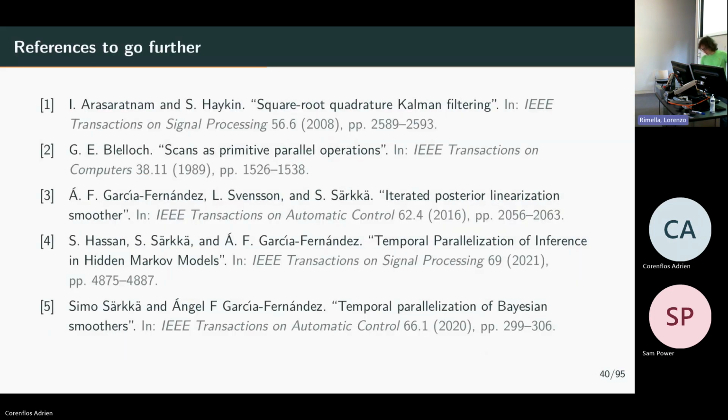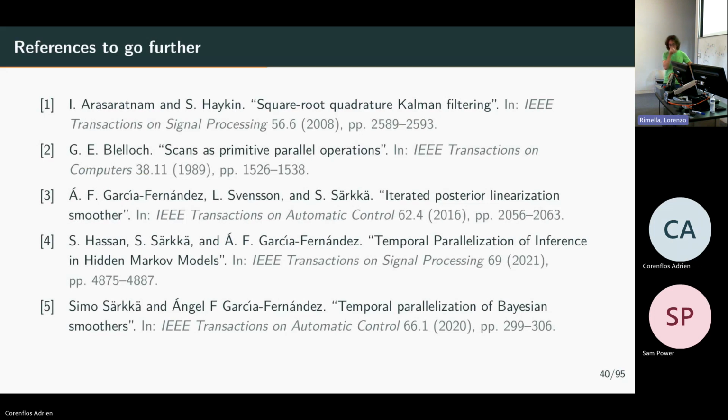Right. So these are some references. The first one is about that Cholesky decomposition of Kalman and getting low error. We have something to do it with prefix sums. The second one is the paper by Blelloch about prefix sum implementation in general. The third one is about KL minimization for state space models, so how you find a Gaussian approximation that minimizes your KL.